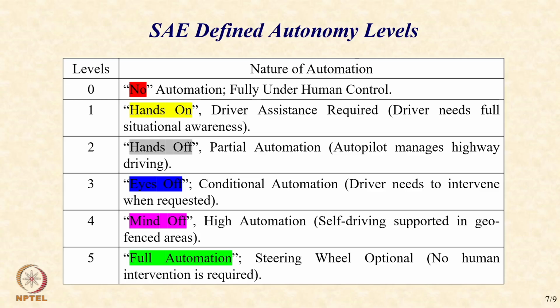And finally, level 5, called full automation, where there is no human intervention required. This is what is being planned as a robotic taxi. That is what people are currently considering. The steering wheel is optional, but the problem is that humans are so used to looking at it, and if they do not see the steering wheel, they might get a bit nervous.